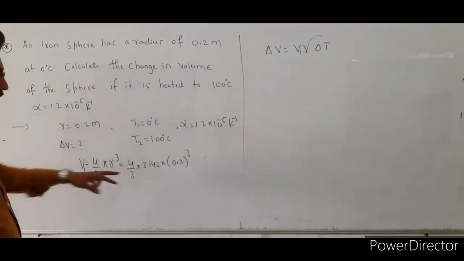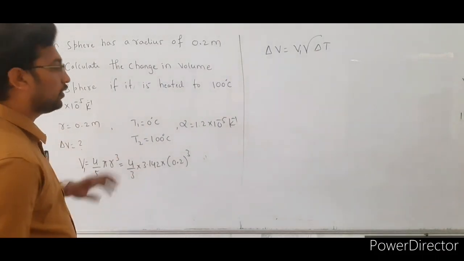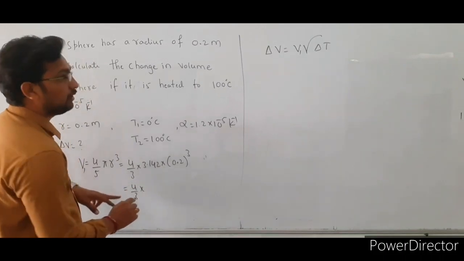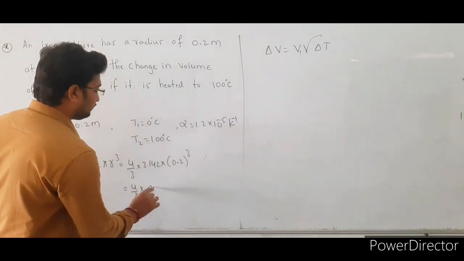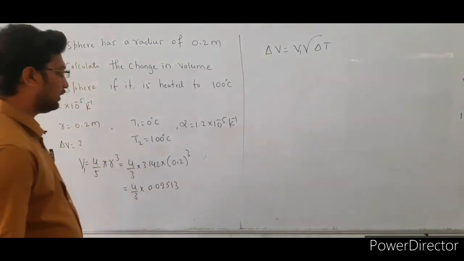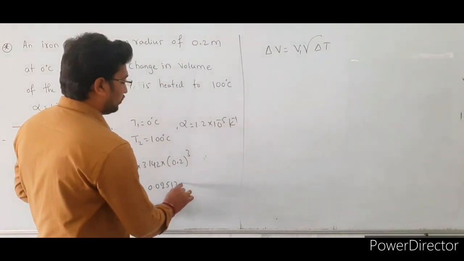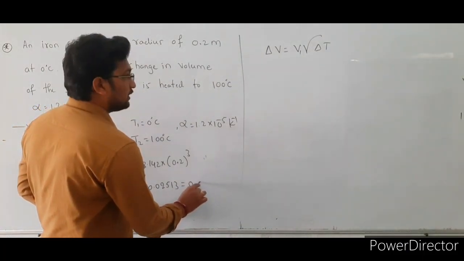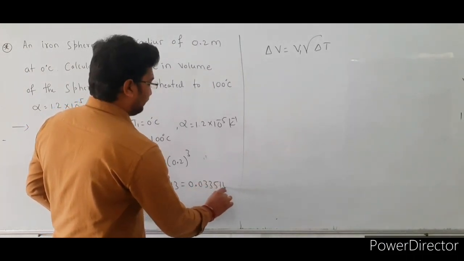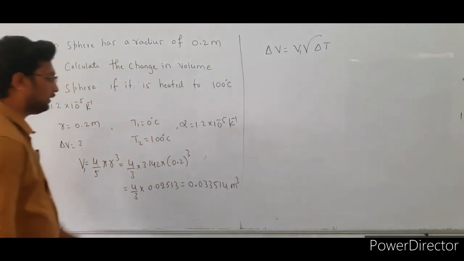Multiplying 3.142 by 0.2 cubed gives 0.02513. Multiply this by 4/3, and this is equal to 0.033514, right? So this is the initial volume. What is the initial volume value here?